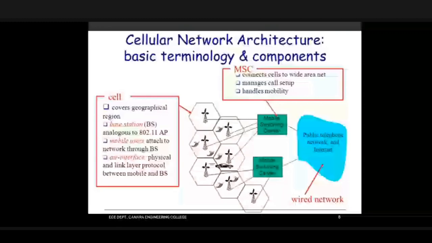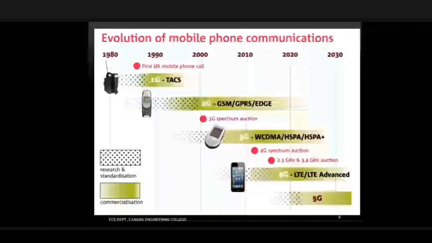This is how the technology progressed from the 1980s, when we had the first mobile phone as we know it today, with 125 users in Stockholm in Sweden.